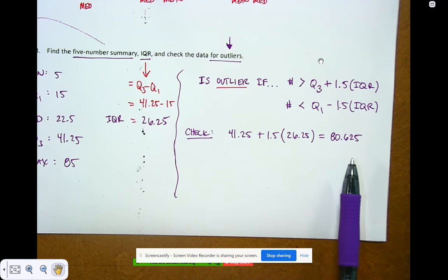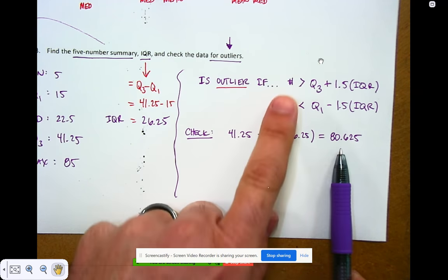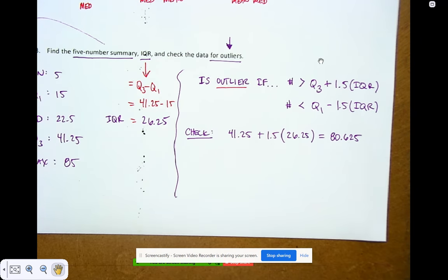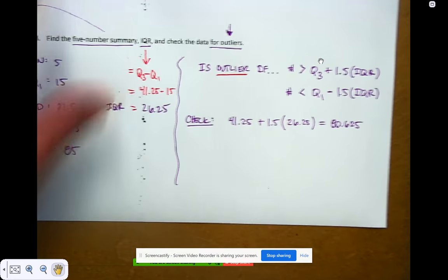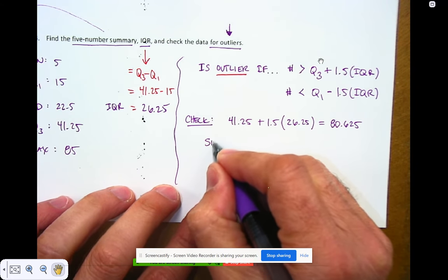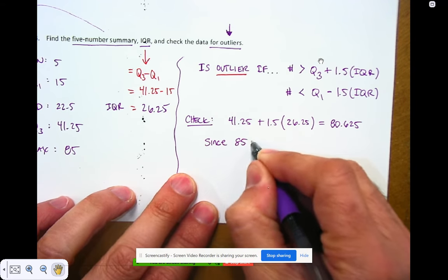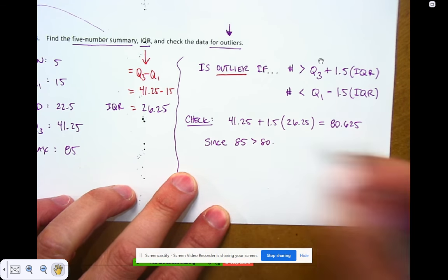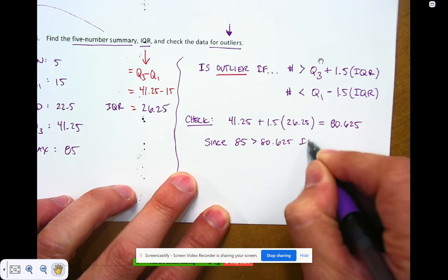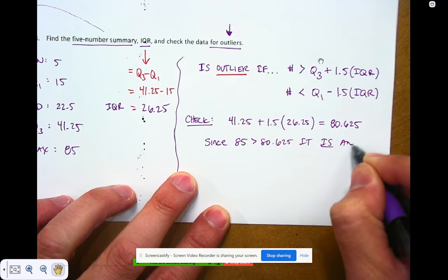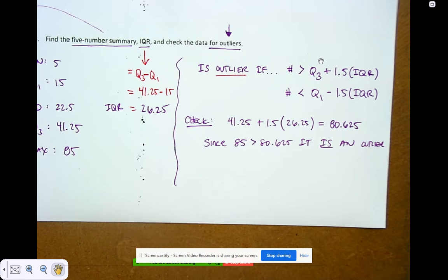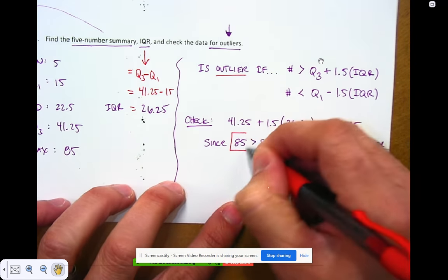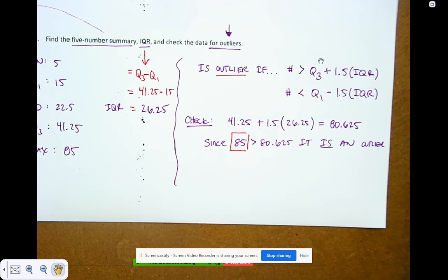What that says is, okay, go back to your data. If there's any number bigger than that, it's an outlier. And so you guys know that 85 was there, right? And so you would say since 85 is greater than 80.625, it is an outlier. Okay, so now we know for sure that 85 is an outlier.